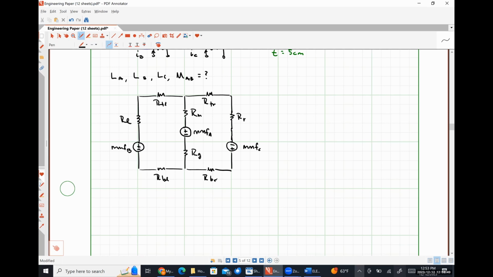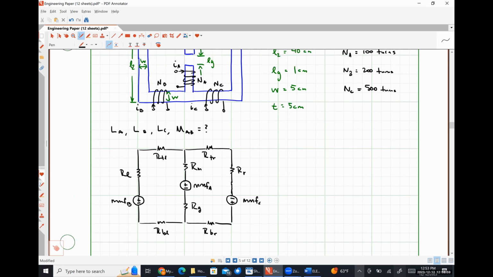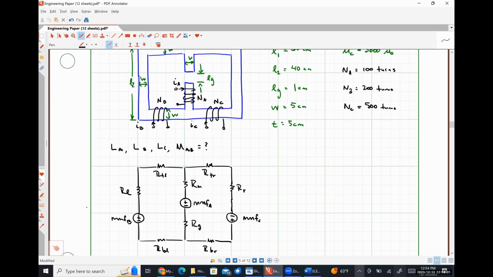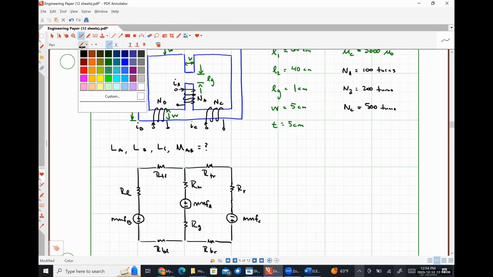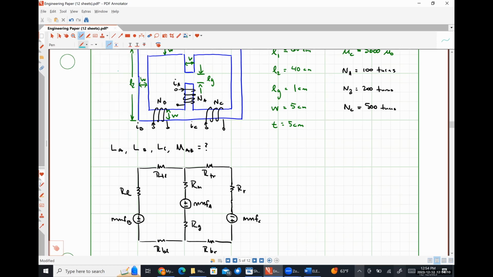Can anybody tell me why I chose to draw the MMF for coil C positive polarity on bottom? So we can see by our windings that this coil is generating a flux in this direction, and this coil is generating a flux in this direction.